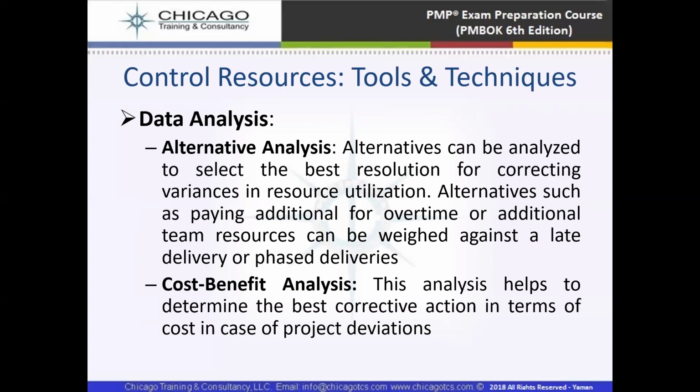Alternative analysis is used to select the best resolution for corrective variance in resource utilization. Cost-benefit analysis helps determine the best corrective action in terms of cost in case of project deviation. So if there are deviations, we should see how much the cost deviation is in terms of our corrective action.